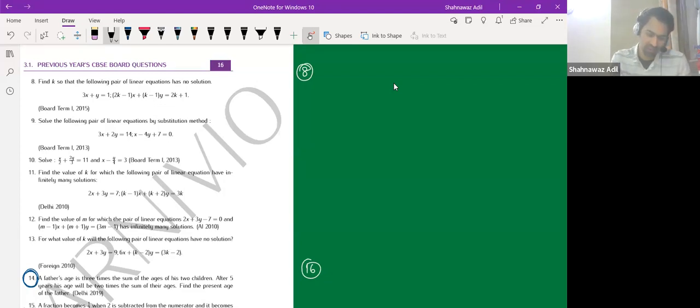Because after winter vacation, you will not get any time to prepare. You will have to make the lab notes or whatever, so you will get very less time to prepare.